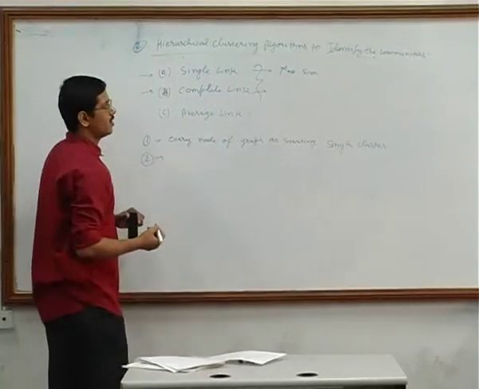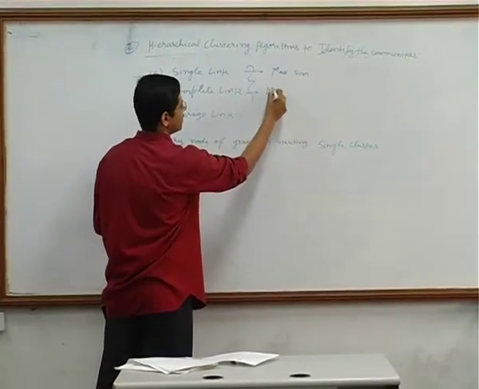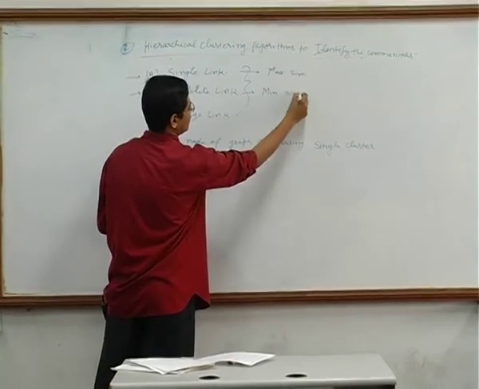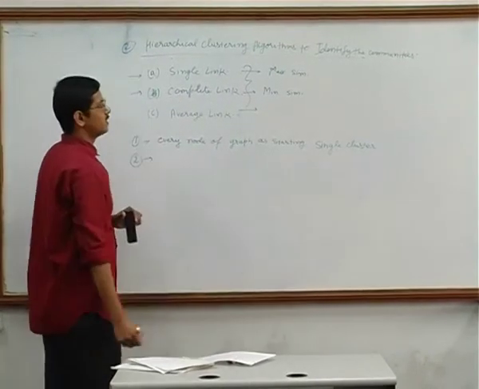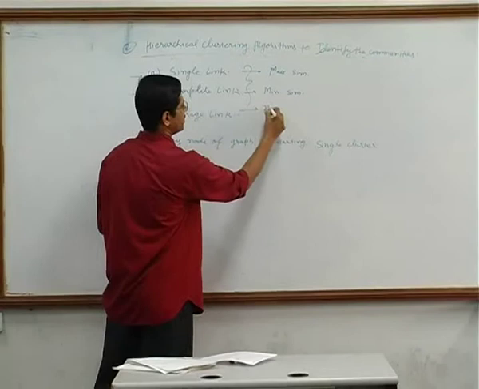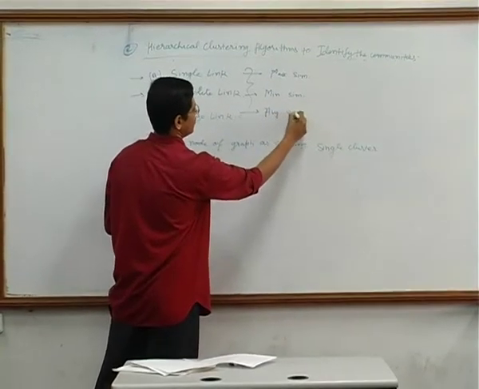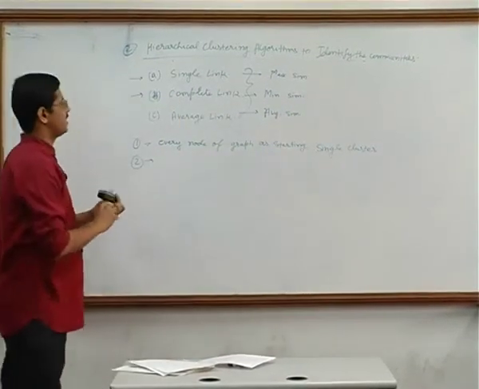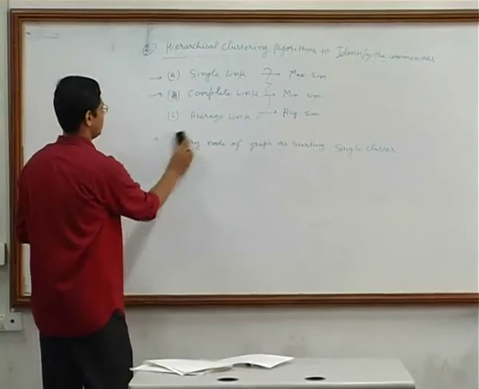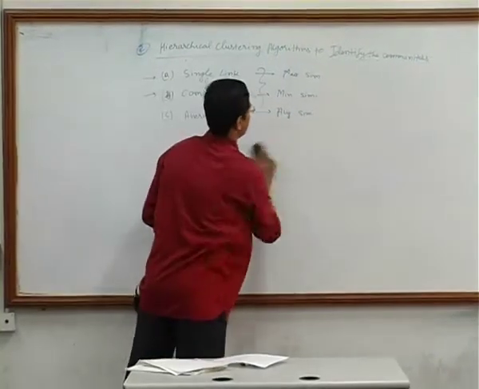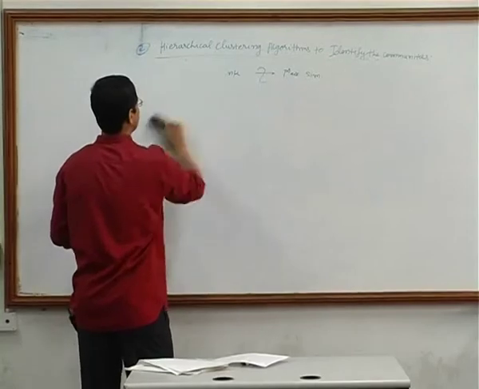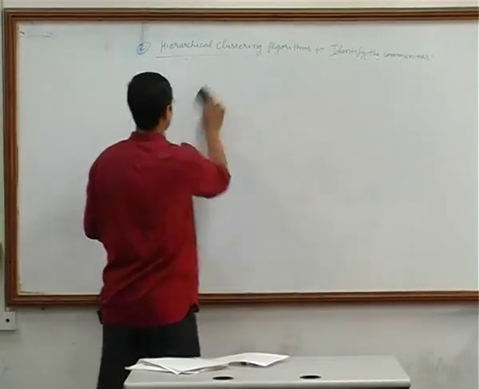In complete link, we use the minimum similarity, and in average link, we use the average similarity. Now first we start with a general overview of agglomerative hierarchical clustering algorithms with a simple graph.